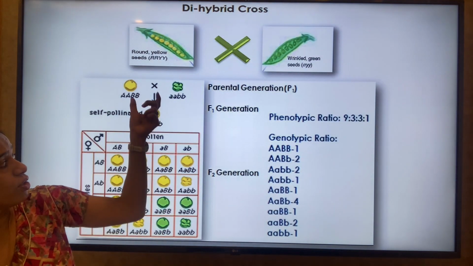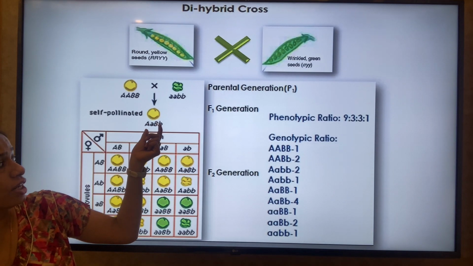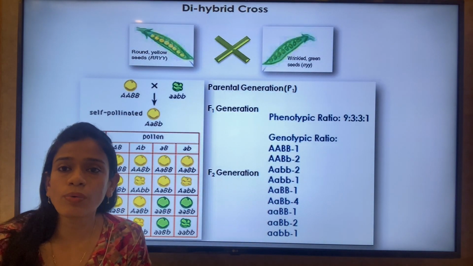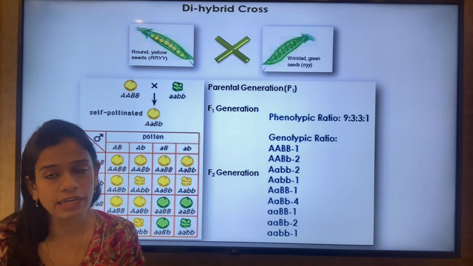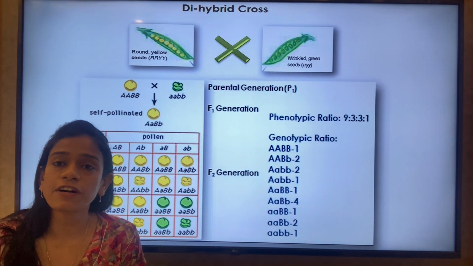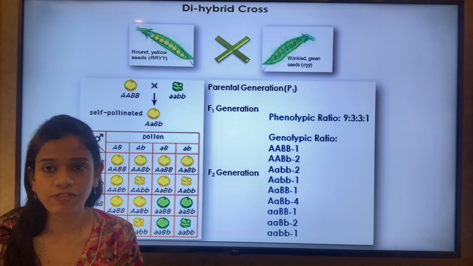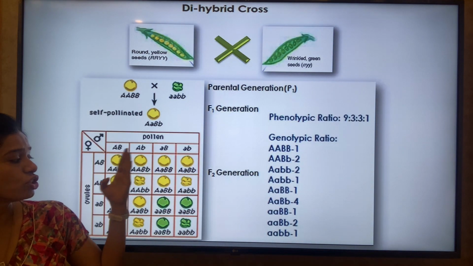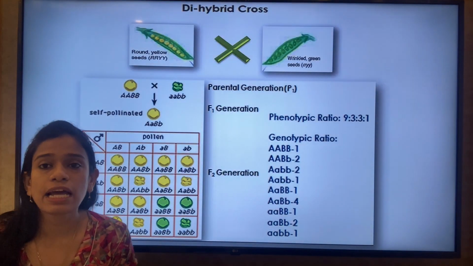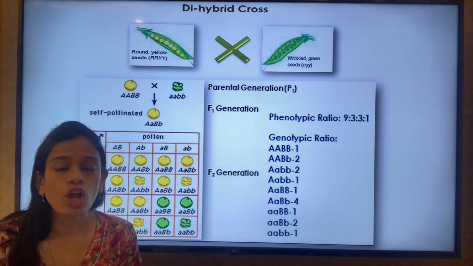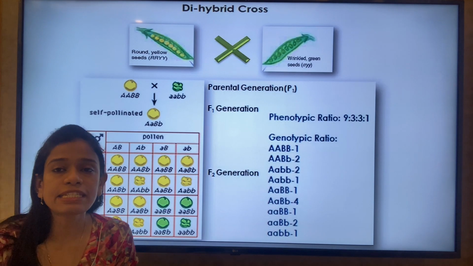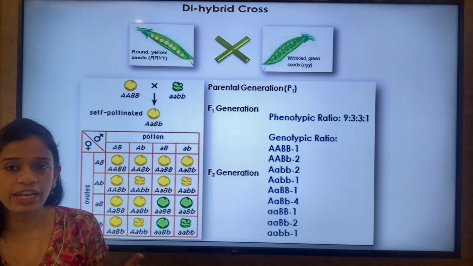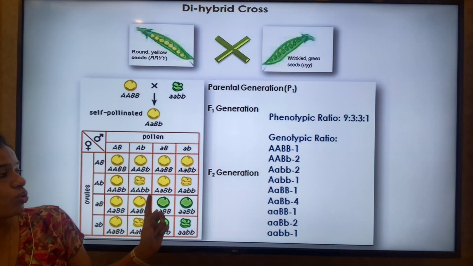When you cross them, you get round and yellow, because round and yellow are the dominant traits which get expressed in the first filial generation, or F1 generation. When we move to the F2, we can form 16 different types of combinations.